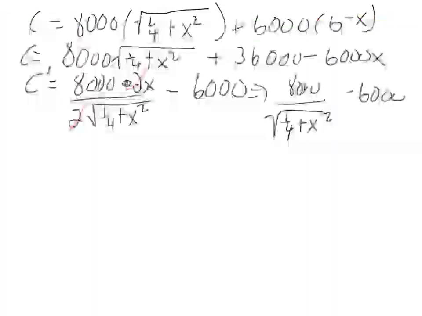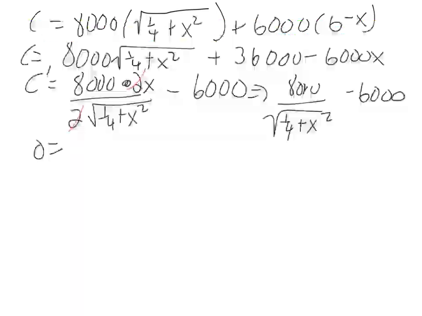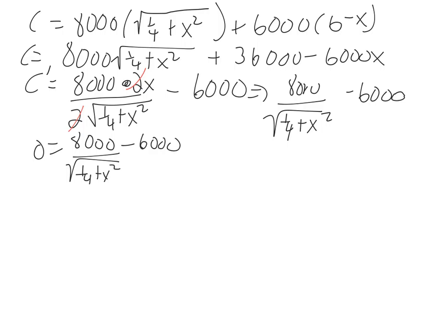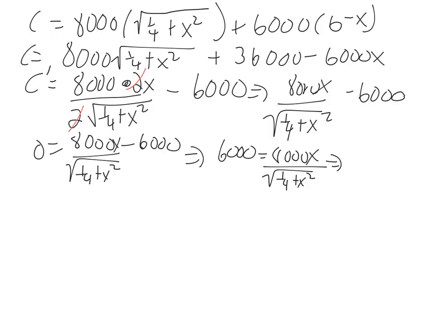Okay, so now we have to set this equal to 0, right? Because we're doing optimization, we're minimizing. Wait, isn't it 8,000x? Oh, x, sorry, you're right. I'm just going to do some algebra here.